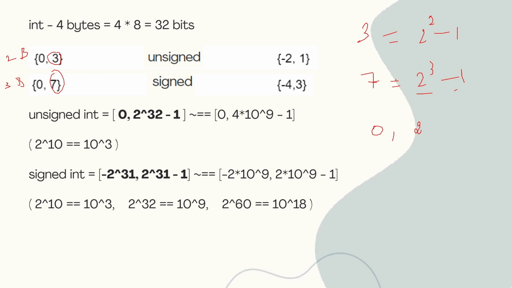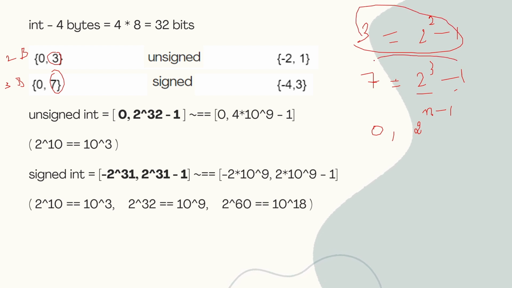Here I've said 2 power 2 minus 1, that means 2 power n minus 1, where n is your number. If n is 3, it is 2 power 3 minus 1, and if n is 4, then it's 2 power 4 minus 1.